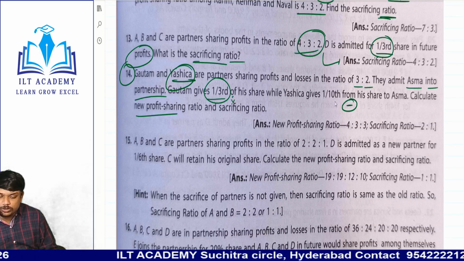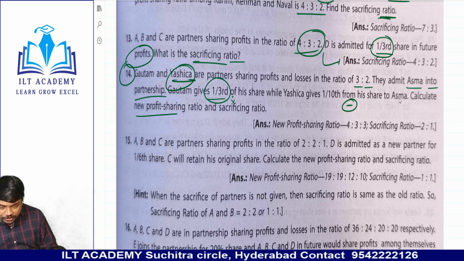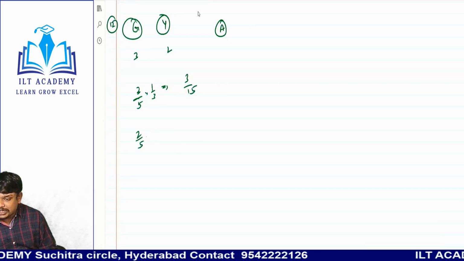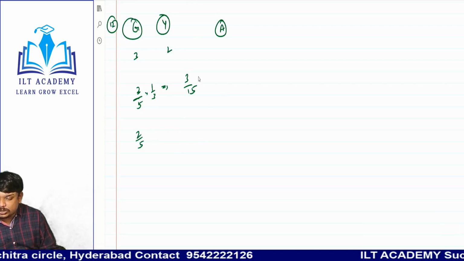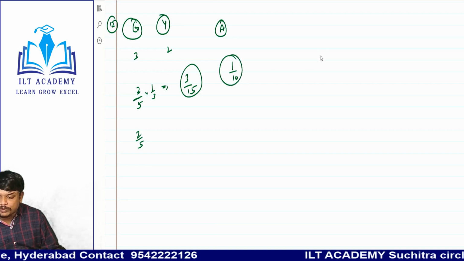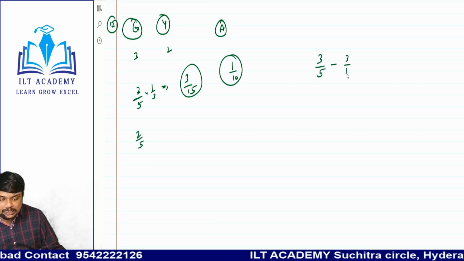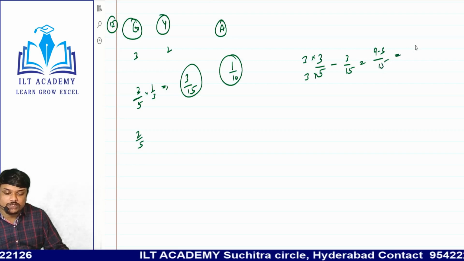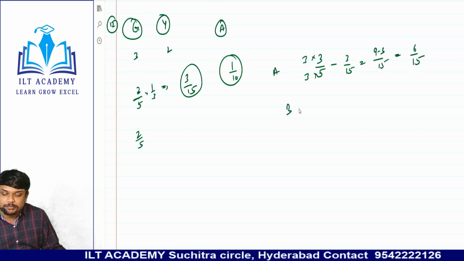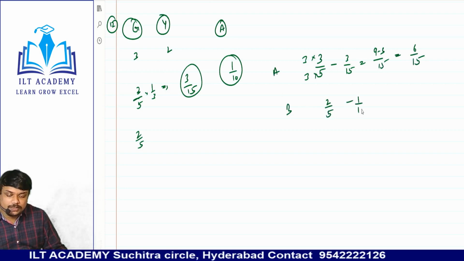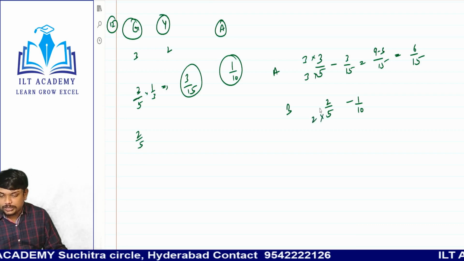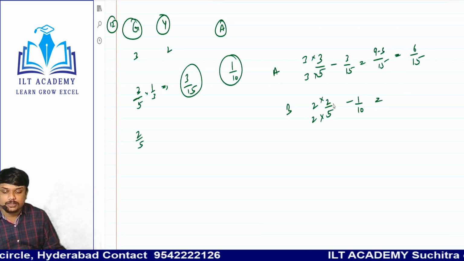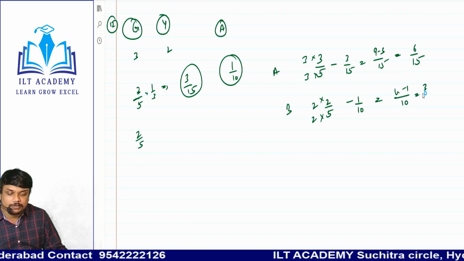Yashika gives 1/10 from his share, so directly we can subtract. So 3/15 is the sacrificing part and 1/10. For the new ratio, A's share is 3/5 minus 3/15. So into 3 into 3, 9 minus 3 divided by 15, which is 6/15. B's share is 2/5 minus 1/10, into 2 into 2, which is 4 minus 1 divided by 10, which is 3/10.